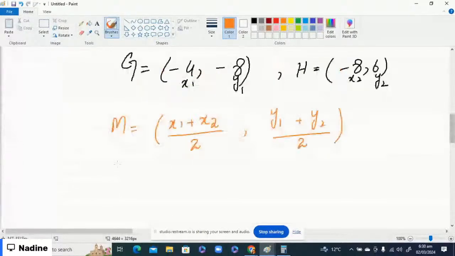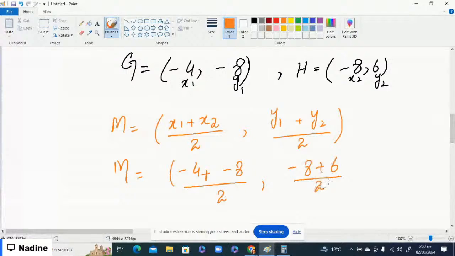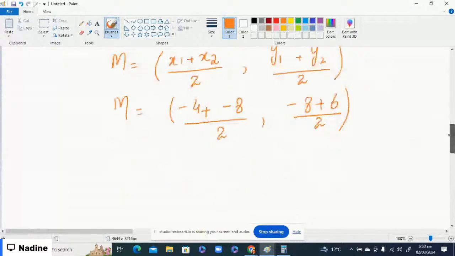Okay. So the x1 is -4, x2 is -8, over 2, and -8 plus 6 over 2.